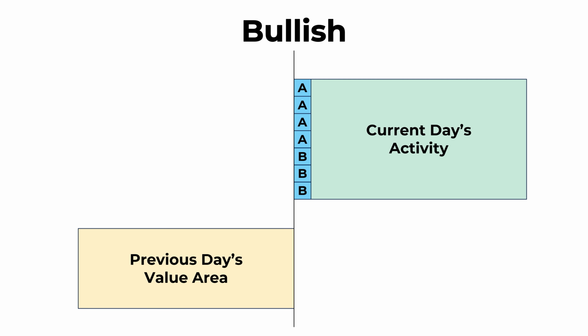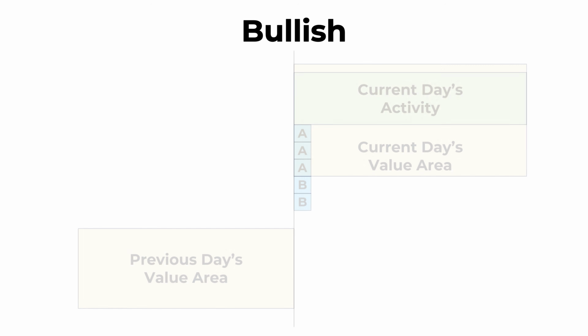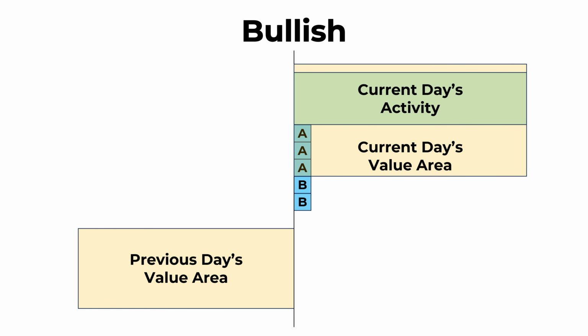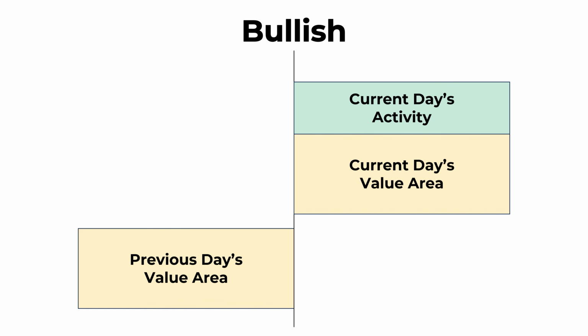The current day's activity is within its initial balance and above the previous day's value area. Number 2. The current day's activity is above its initial balance, but within its value area. It's also above the previous day's value area. Number 3. The current day's activity is above its value area and above the previous day's value area.